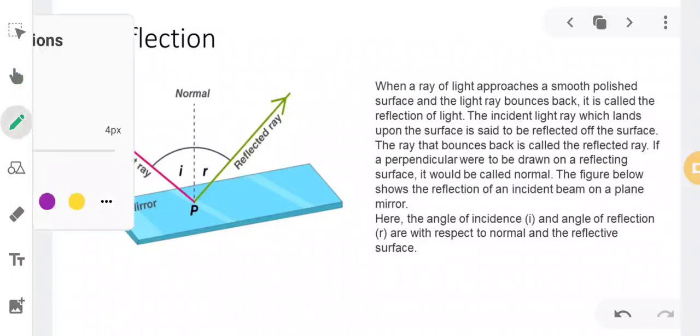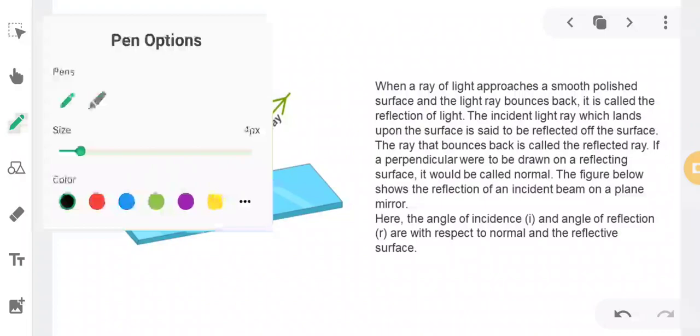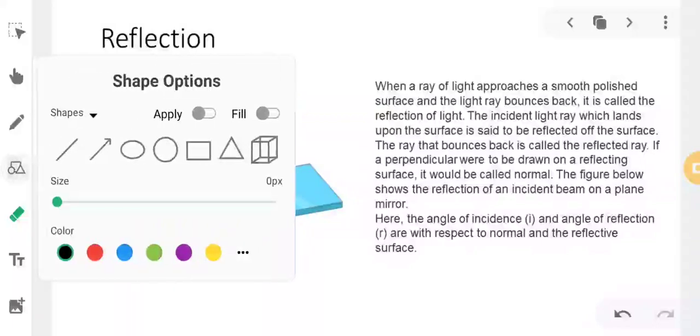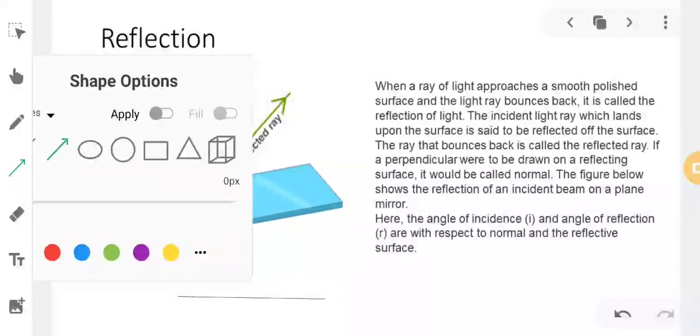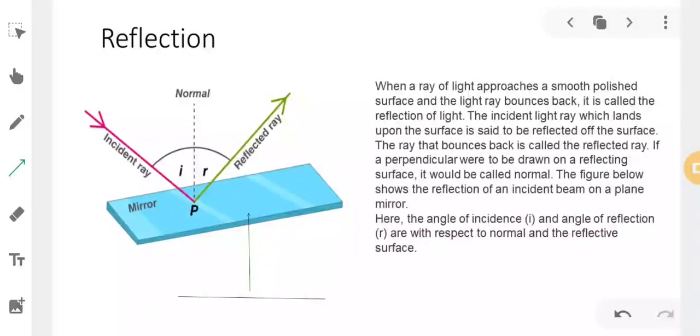Perpendicular means suppose you have a straight line. On this straight line you draw a line in such a manner that this angle is 90 and this angle is 90. Fine.